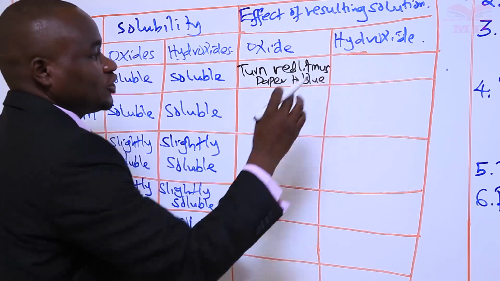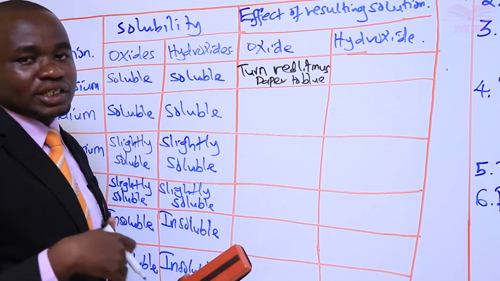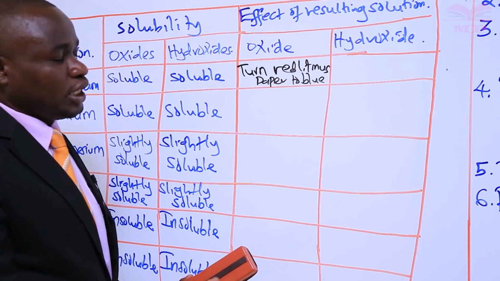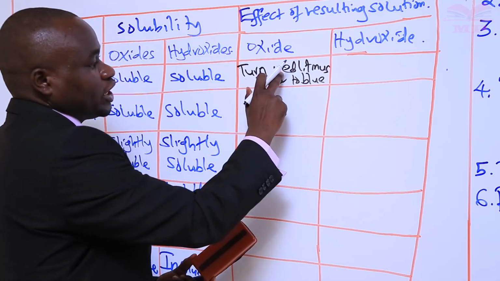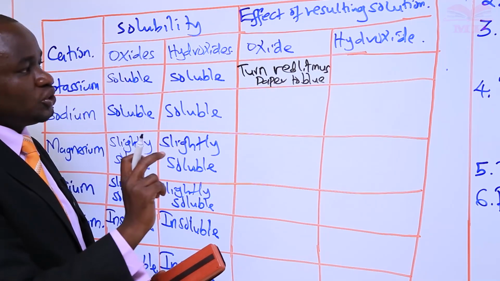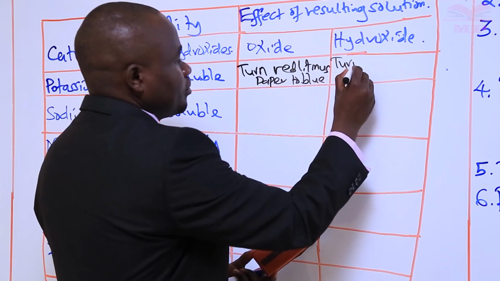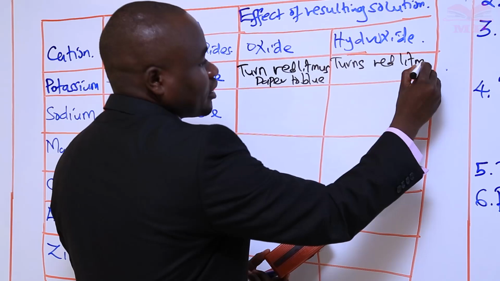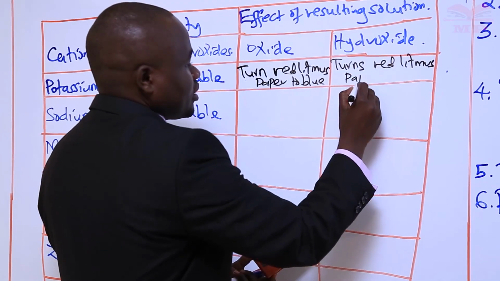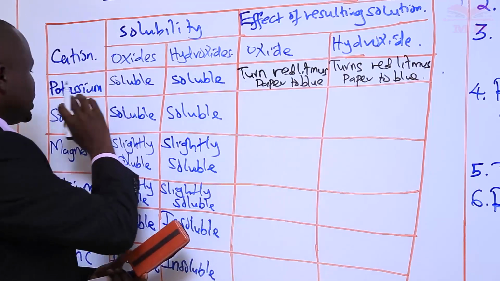The same applies to potassium hydroxide. If you test using litmus paper, the litmus paper will turn from red to blue, meaning the resulting solution is a basic solution. So the observation will be the same, that it turns red litmus paper to blue. That is potassium.